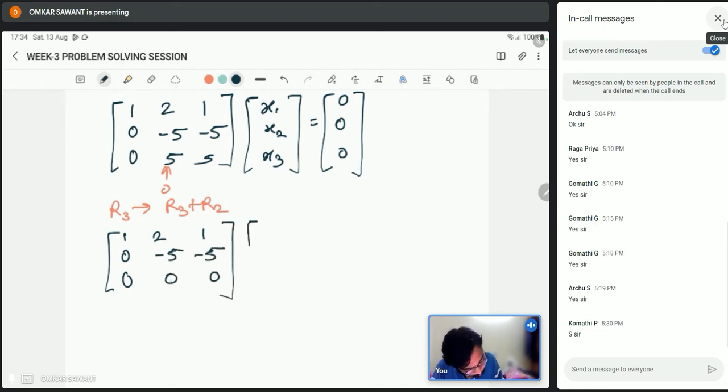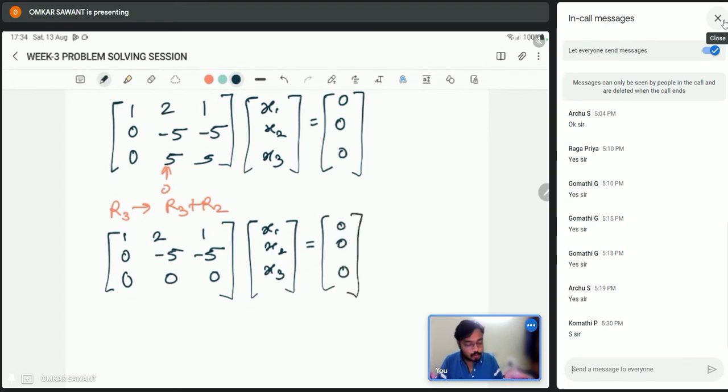We get our upper triangular form. Now we are ready to calculate the rank of this matrix. What is the rank of the matrix? It's 2. The rank of the matrix is 2. Correct.